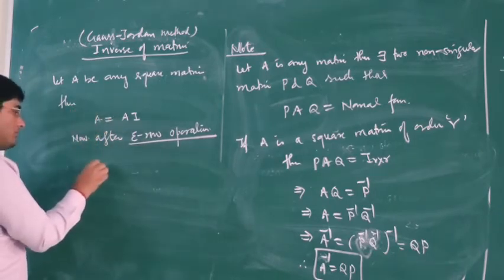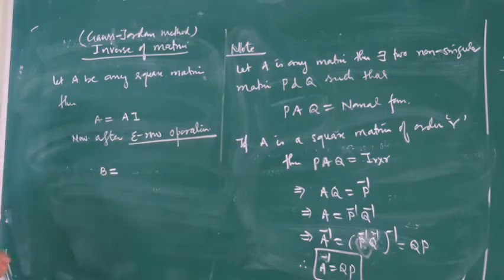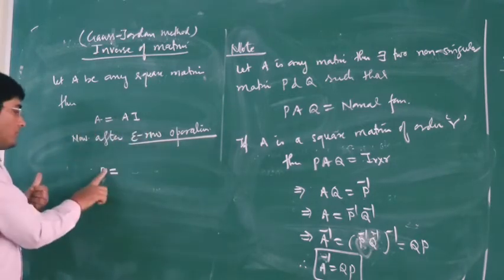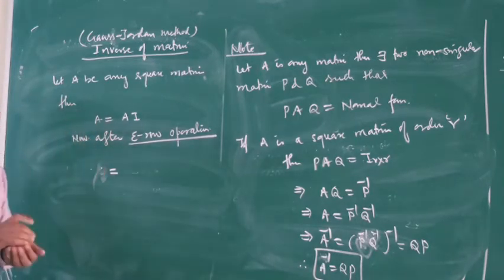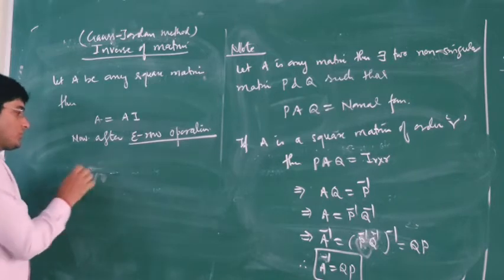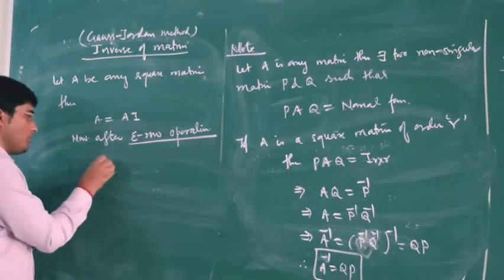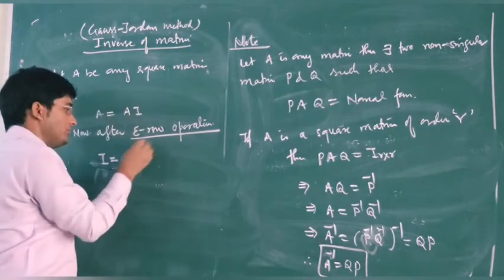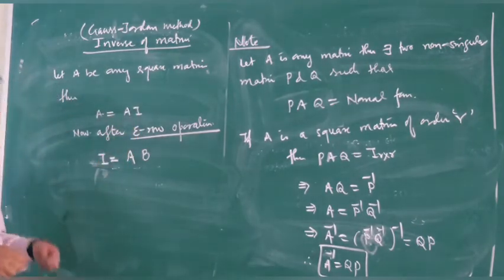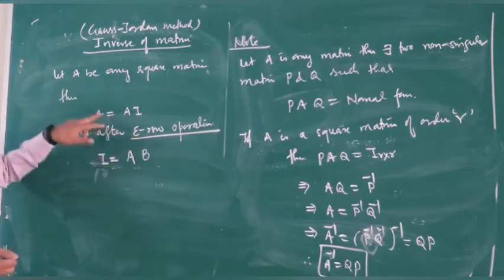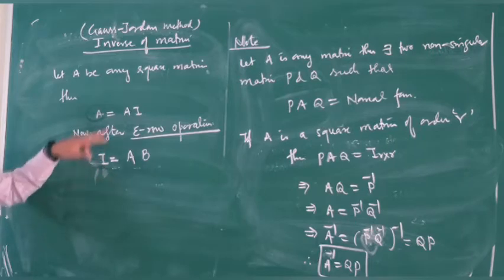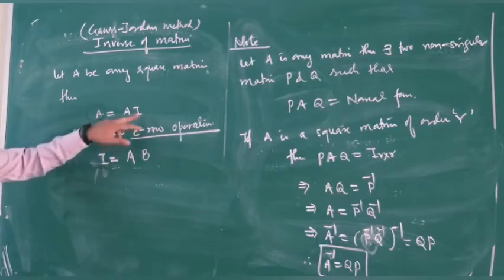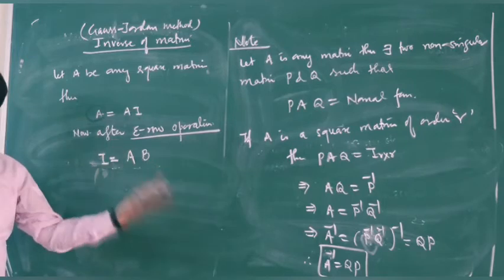Then this A will become another matrix, say B. We will apply elementary row operations to make the left hand side A an identity matrix, say of order R. Then this is fixed, and here the identity matrix on the right hand side will become some another matrix, say B.